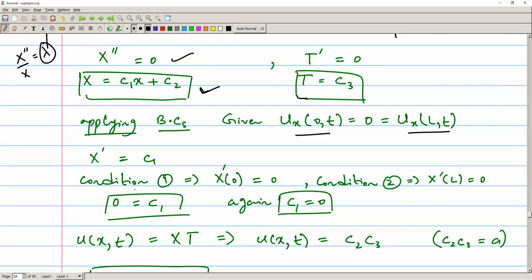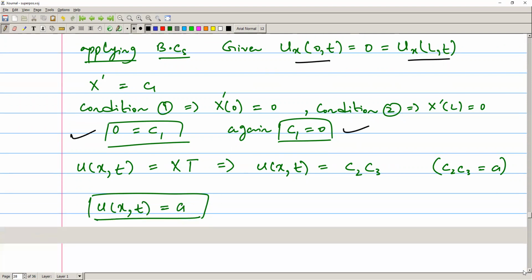So c1 is equal to 0 because the boundary conditions are 0, right? So c2 will be any arbitrary constant, so u(x, t), which is our initial assumption X times T, will be equal to c2 times c3, because X equals c2, c1 is 0, and T equals c3.